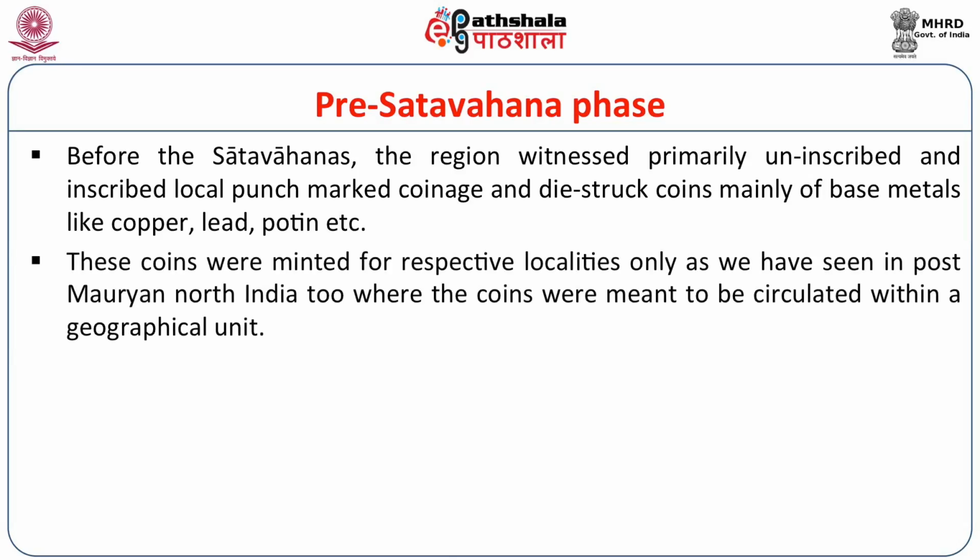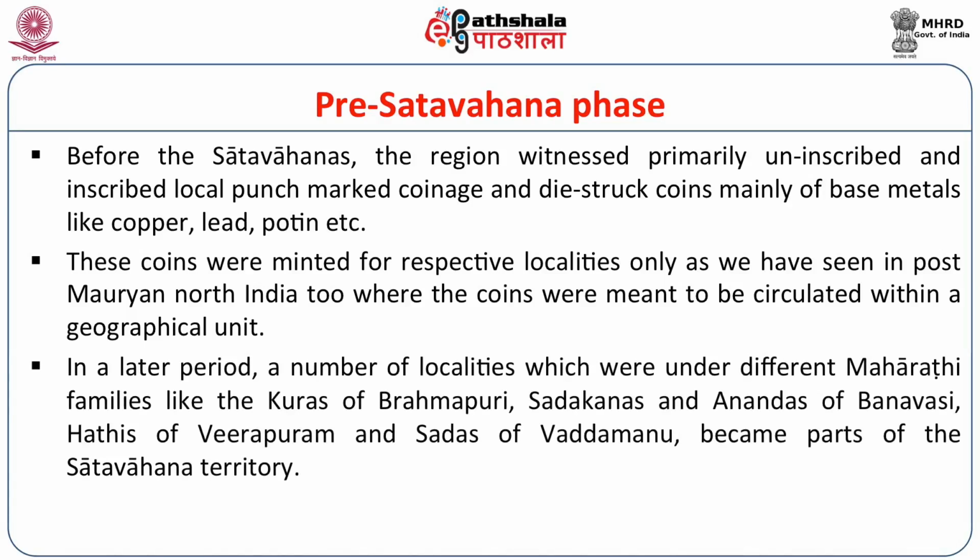These coins were minted for respective localities only, as we have seen in post-Mauryan North India too, where coins were meant to be circulated within a geographical unit. So in Deccan we find the presence of several localities which were minting their own coinages.